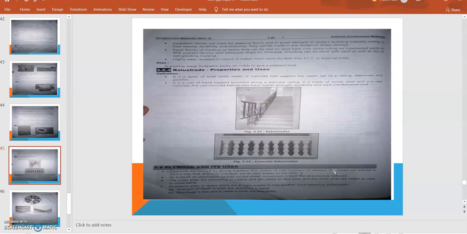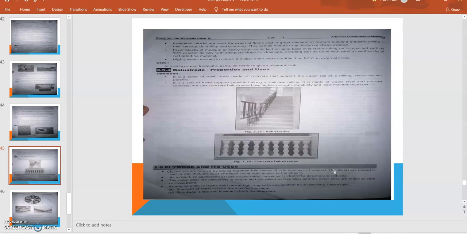Then next material, that is plywood. The plywood is formed by gluing together thin sheets of an odd number of veneers. Sheets are placed in such a way that the grains of one layer are at a right angle to the other one. As a result, on application of load, the sheet movement in both directions is reduced and therefore it can carry the loads.